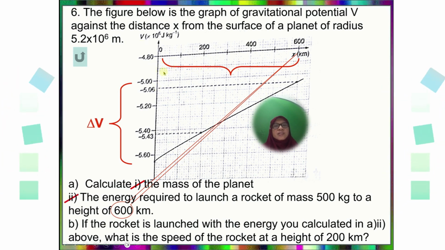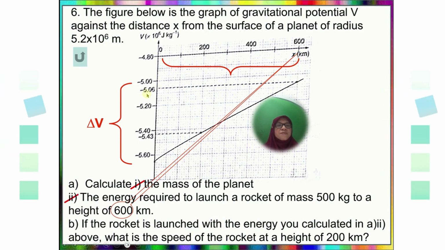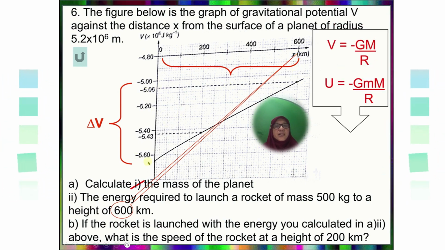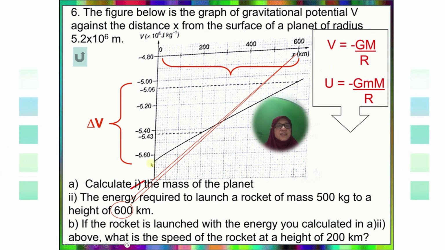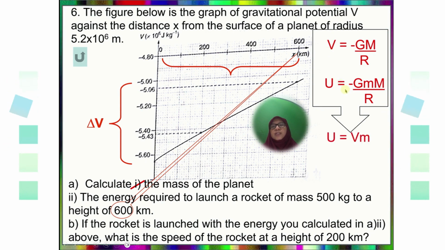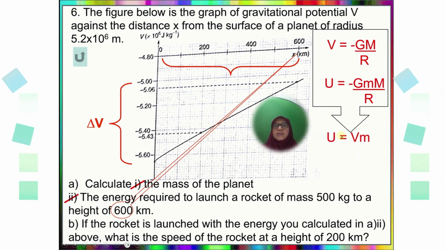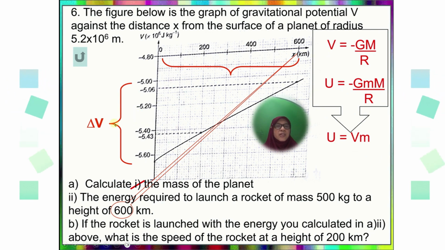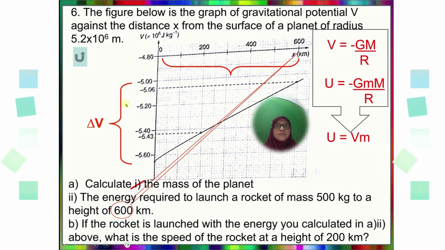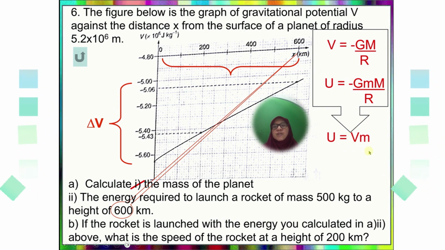The gravitational potential reading here is negative 5.06, and on the surface just now it is 5.65. The U formula is negative GMm over r, and the relationship with V, because we can read the change in V here, cross multiplying, we get U is V times m.